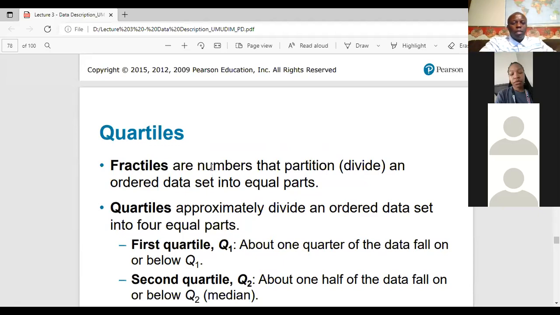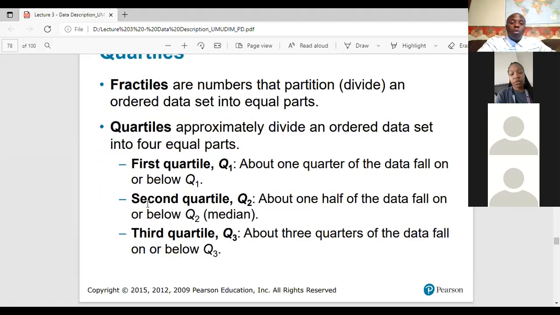Sometimes we call them fractiles, which are numbers that partition a data set into equal parts.